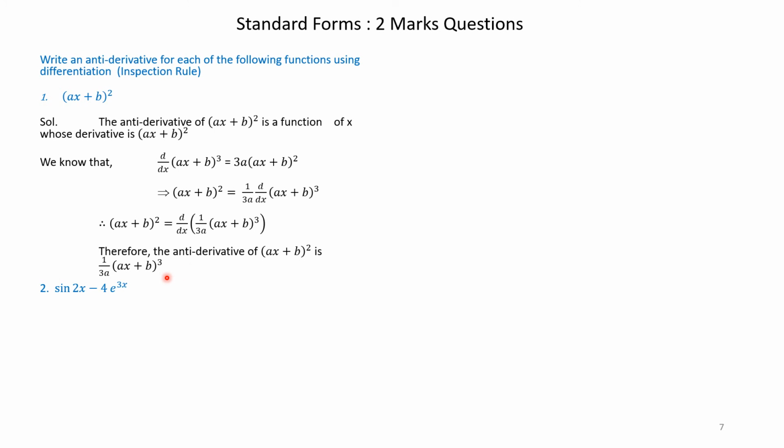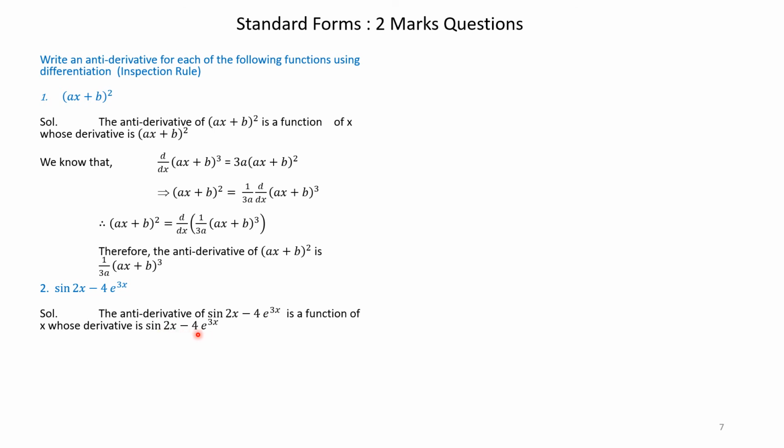Question number 2. Given is sin 2x minus 4 e to the power of 3x. The antiderivative of sin 2x minus 4 e to the power of 3x, which is the given function, is a function of x whose derivative is sin 2x minus 4 into e to the power of 3x.